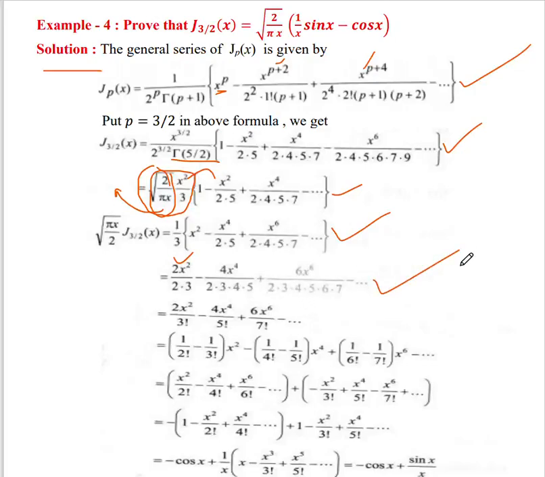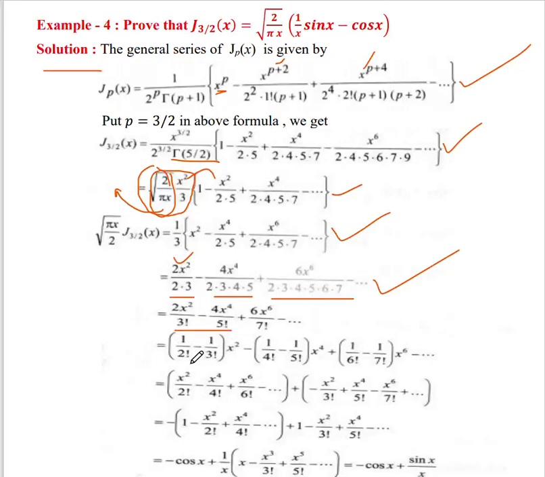Okay. What is the next step? So here 2x square upon 3 factorial we can write. Here 4x to the power 4 upon 5 factorial and plus 6x to the power 6 upon 7 factorial we can write. Now we will take x square common from this.